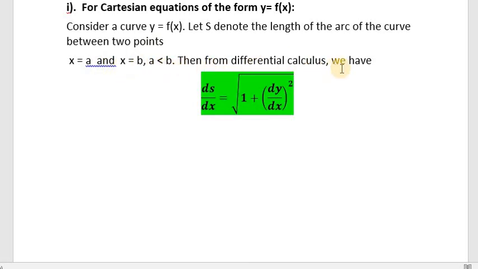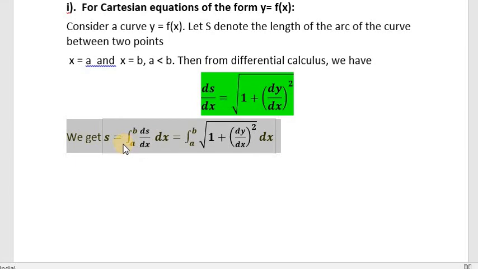Then from the differential calculus we have ds by dx is equal to square root of 1 plus dy by dx whole square. We get s is equal to integral a to b because we have taken the curve between 2 points x is equal to a and x is equal to b.